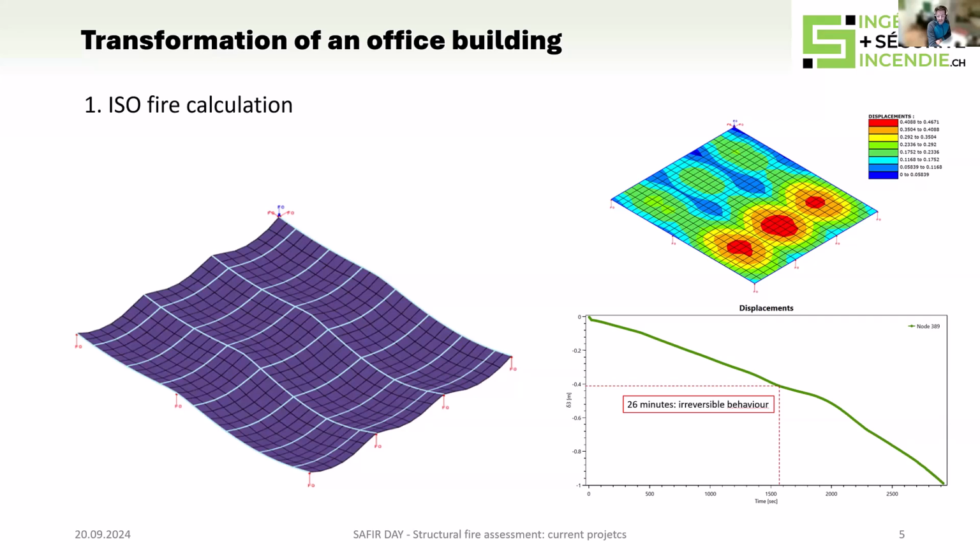You see that with ISO fire we have only 26 minutes of resistance, as we always use the criteria of one third of the dimension, and we consider that there is no way back for the structures.